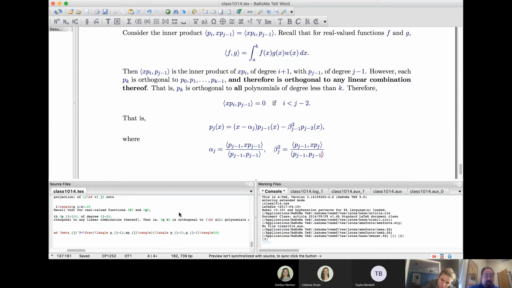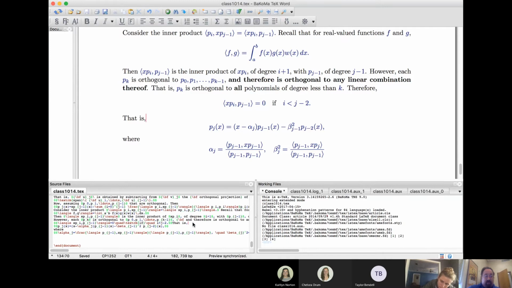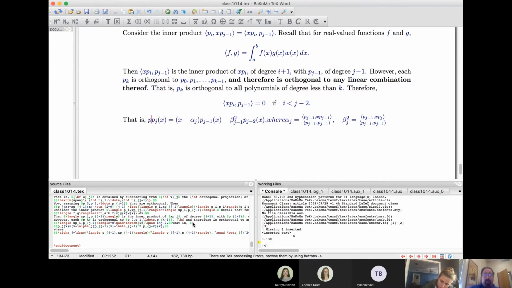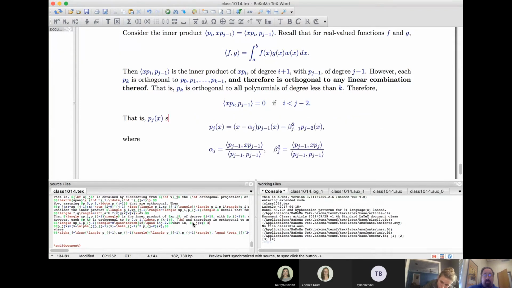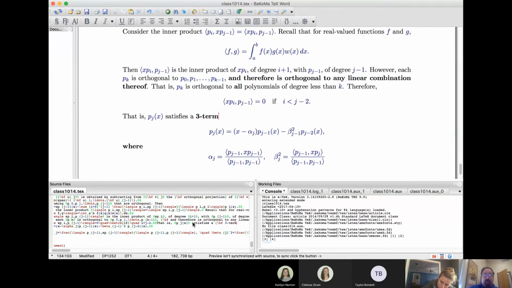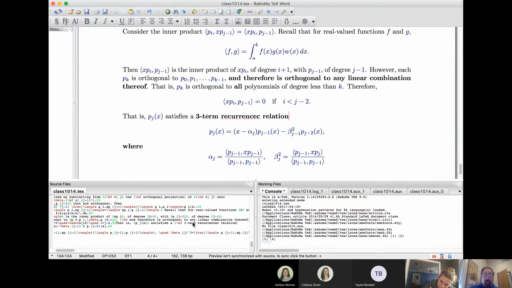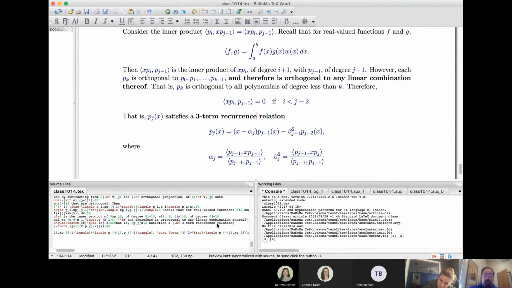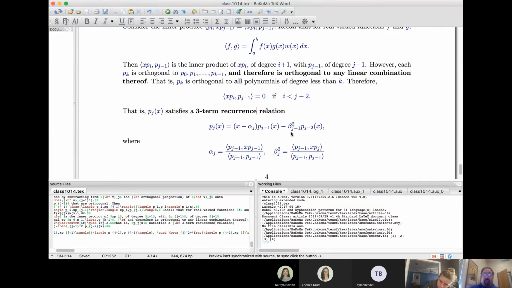All right. So what I can tell you is that, with all those other coefficients being 0, this is called a 3-term recurrence relation. Each polynomial depending on the previous 2. Where have we seen that kind of relation before?